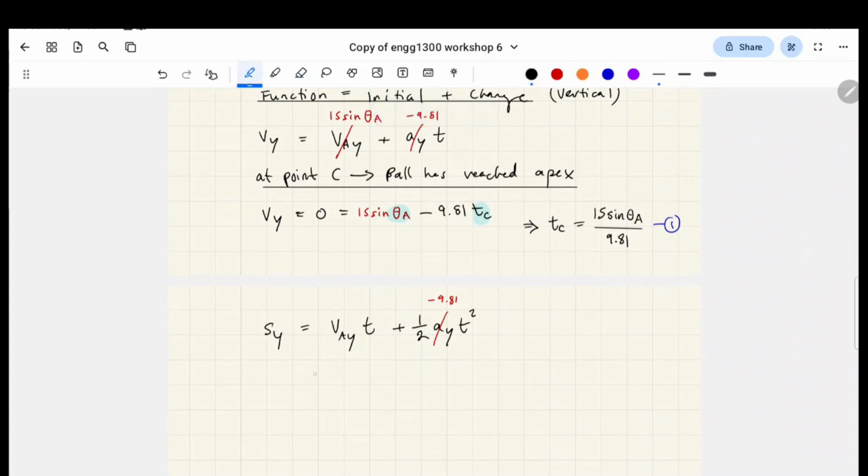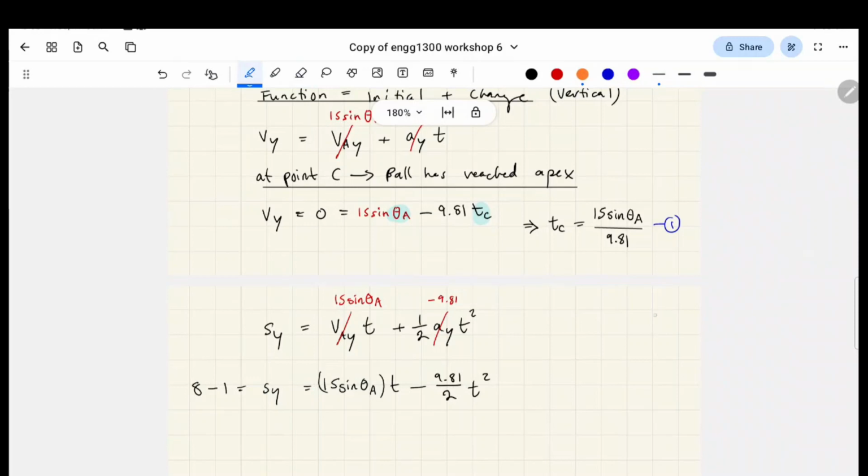Okay, and so I'm going to write this out with our substitutions in. Sy is this. And we also know that Sy is 8 minus 1, right?